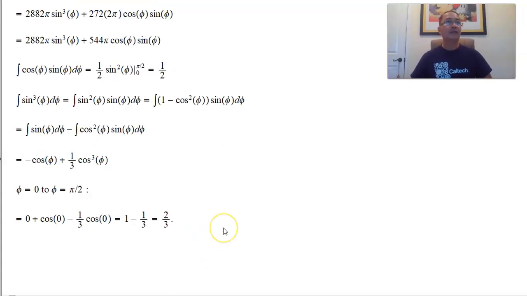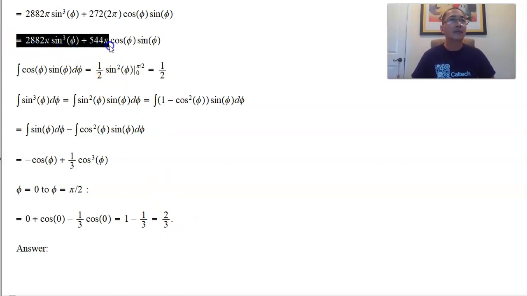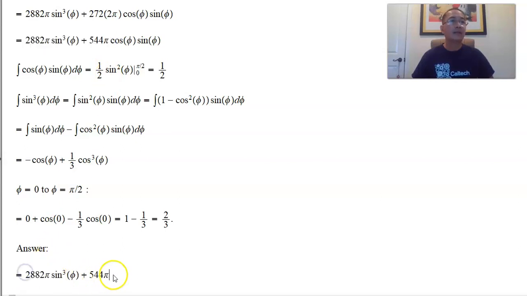Whew, what a journey. So our final answer is going to be, we take what we have over here and we do our substitution. Our second integral is going to be 1/2. And then for our sine cubed, we have 2/3.